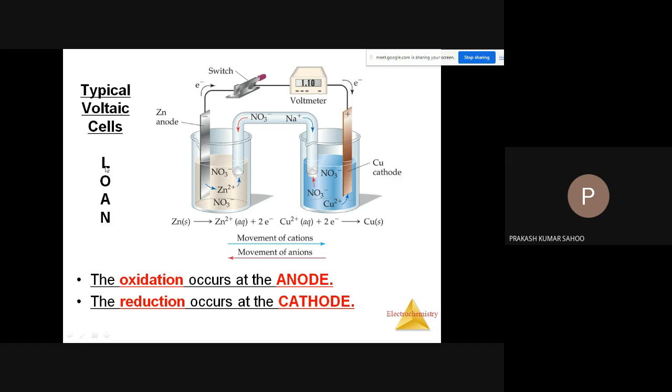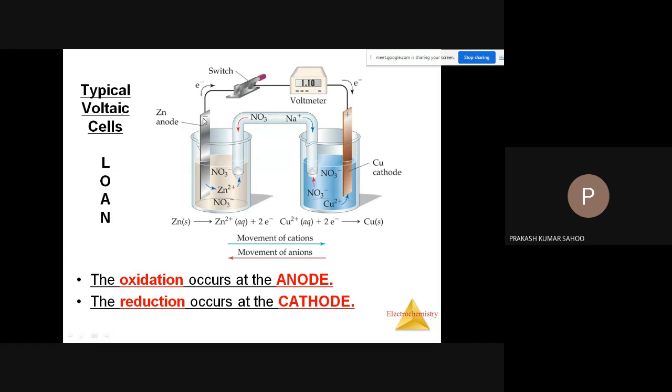So L stands for left hand side. So just see, the left hand side is this one, that is zinc. O stands for oxidation. So at left hand side, oxidation happens. A stands for anode. That means the left hand side is anode. And N stands for negative.